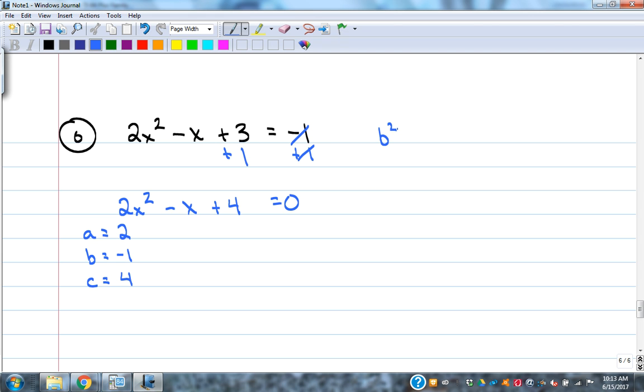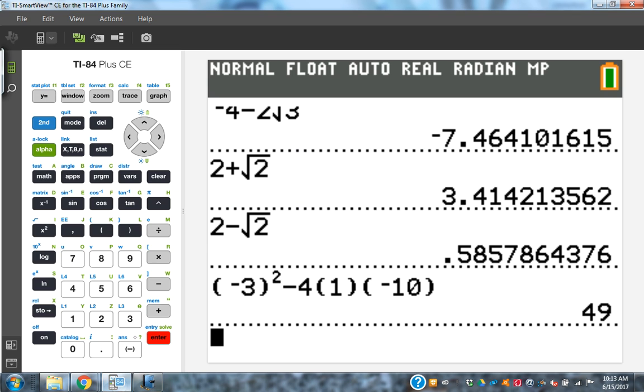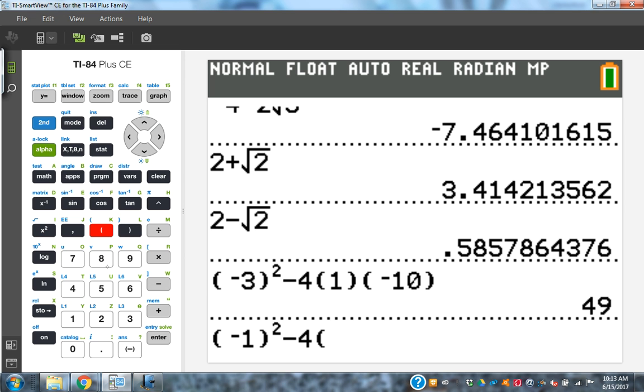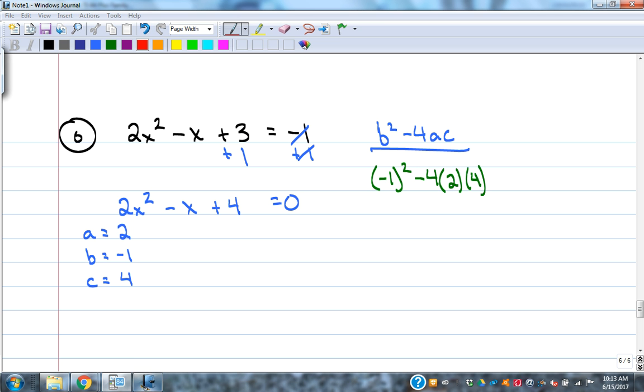And I'm going to find the discriminant, b squared minus 4ac. We'll find that part first. I can do that straight from the calculator. B squared minus 4 times A times C. I get a negative 31.